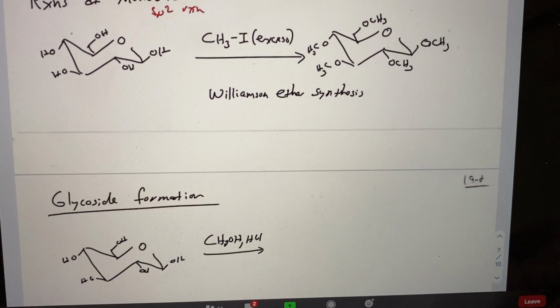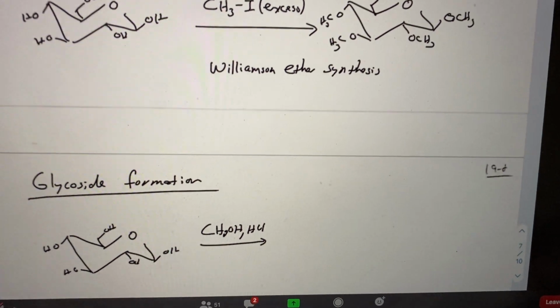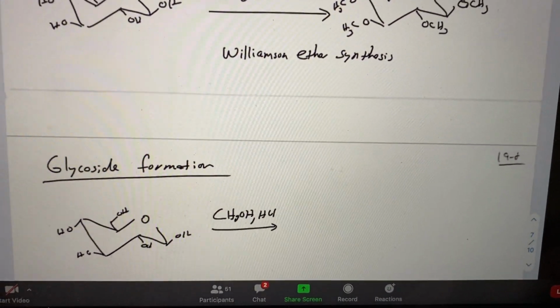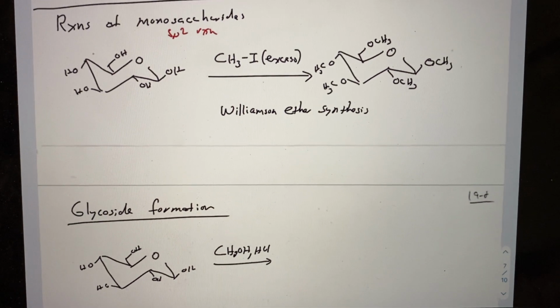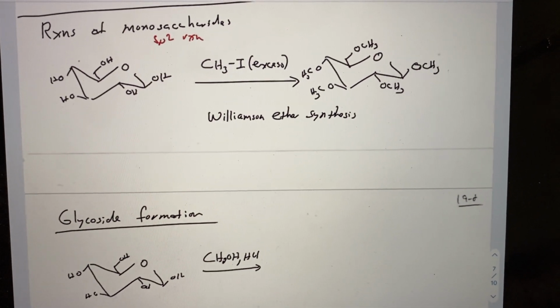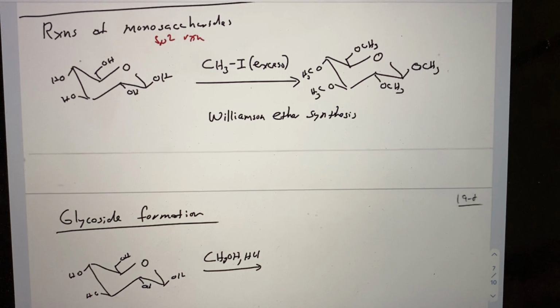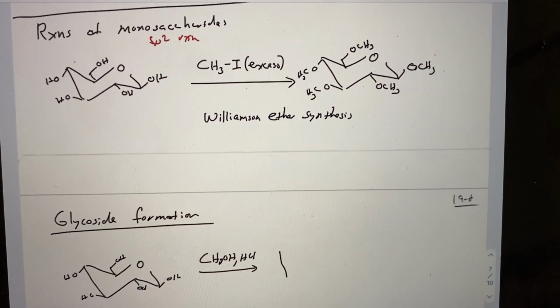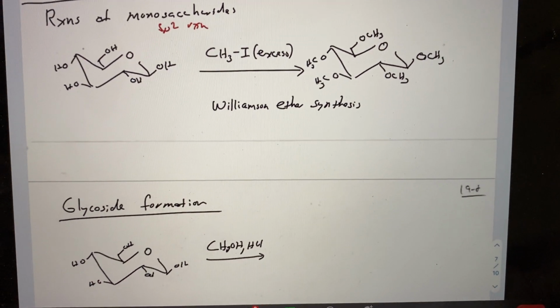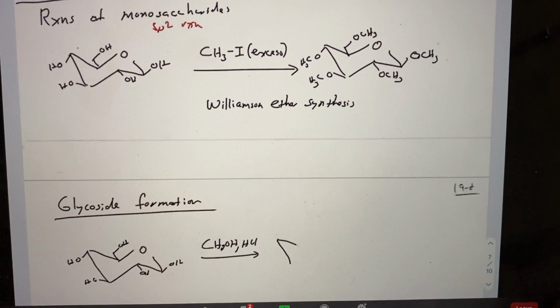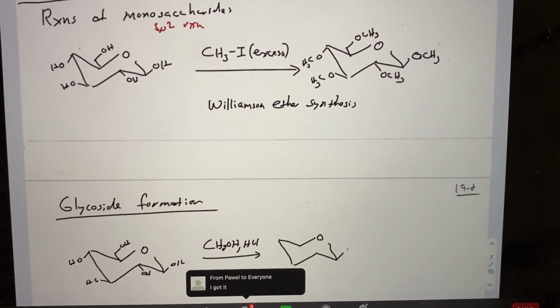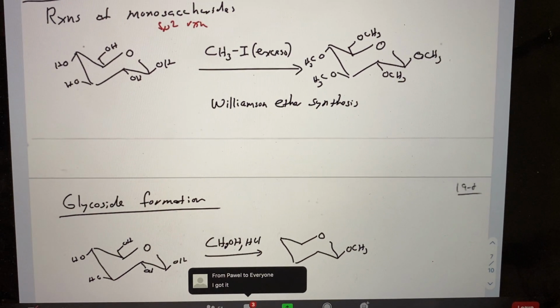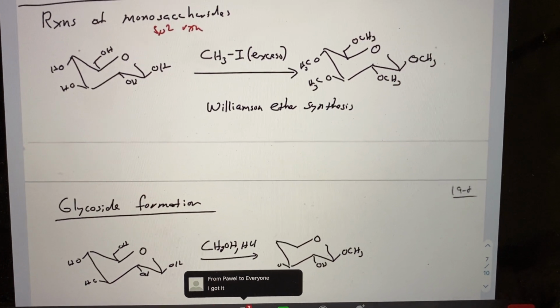Now what we would find is that we end up with some sort of a reaction happening, but it's different than above. Now, instead of having every hydroxyl group converted to an ether, we actually see that we end up with the methyl group in one particular spot. It's just here, OCH3. These are all hydroxyl groups here.